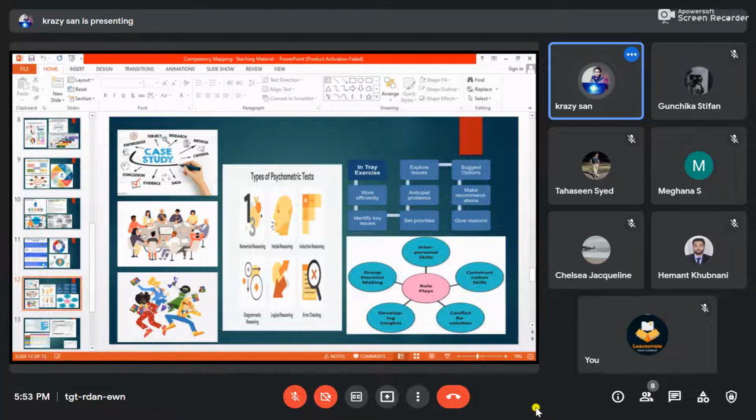Then start playing the roles. That role might involve interpersonal skills, communication skills, conflict resolution skills, and developing insight skills with group discussion making. So all these have to be properly used, and when these models and tests are done in an organization from time to time, employees know at what level they are, and the employer knows at what level their employees are.